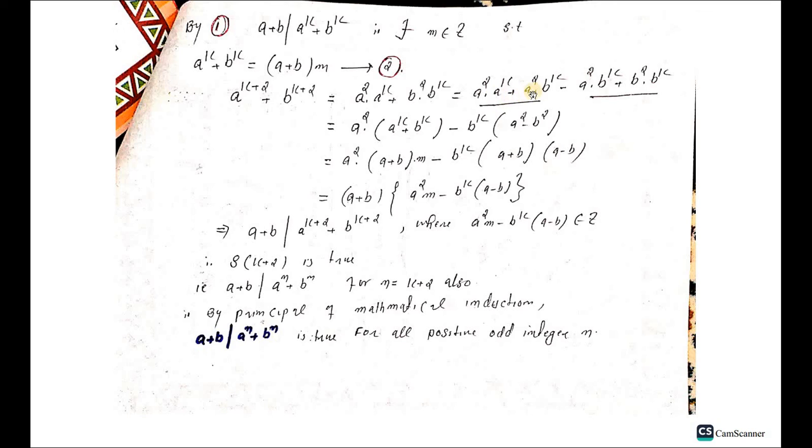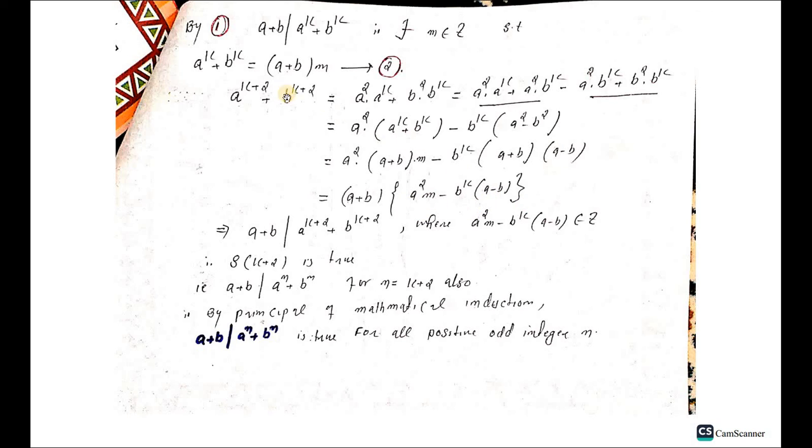Now taking common from these two terms, we get a square into a power k plus b power k. Taking common here also, we get minus b power k, a square minus b square. Now this a power k plus b power k is this one. This is the supposition, so putting its value, and this can be written as this one. Now taking common, the common is a plus b, and these are the uncommon.